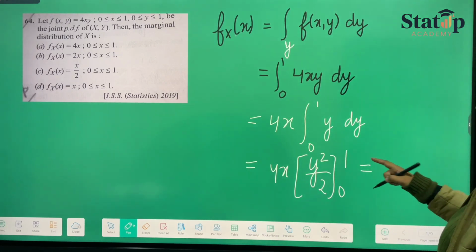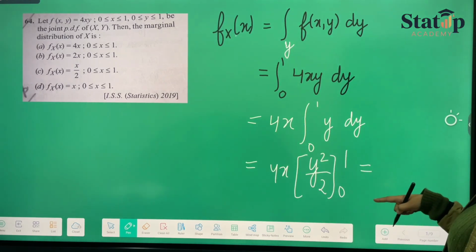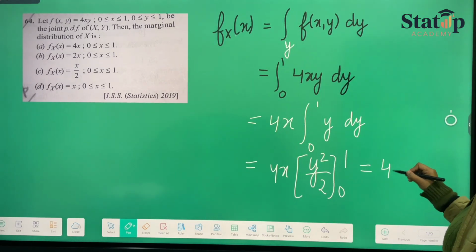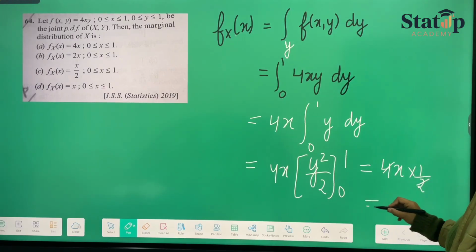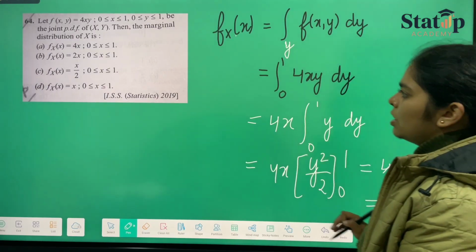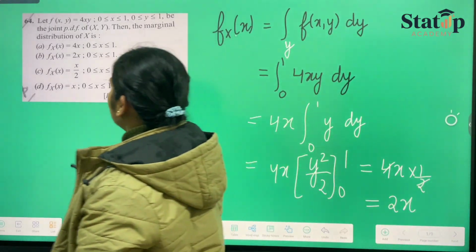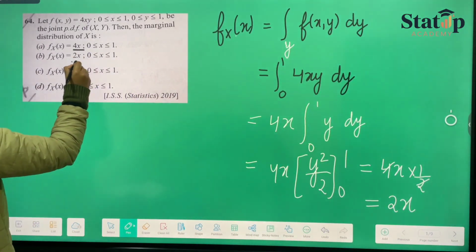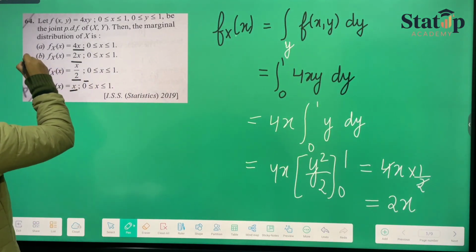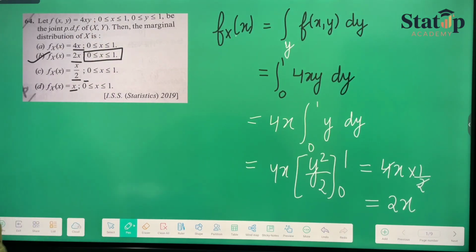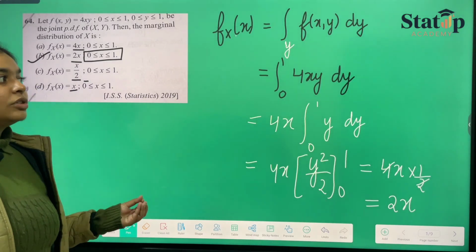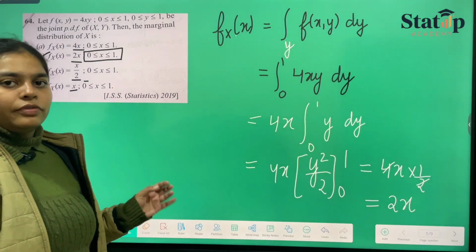So it will be 1 upon 2 minus 0 upon 2, which is 1 upon 2 only. 4x into 1 upon 2 will cut down and give us the answer 2x, which is our option number B. Here you can see the options are 4x, 2x, x by 2x. So B is correct, with the limits of x they have already provided in the question. So this is your correct answer, and it was not even a question of 30 seconds.